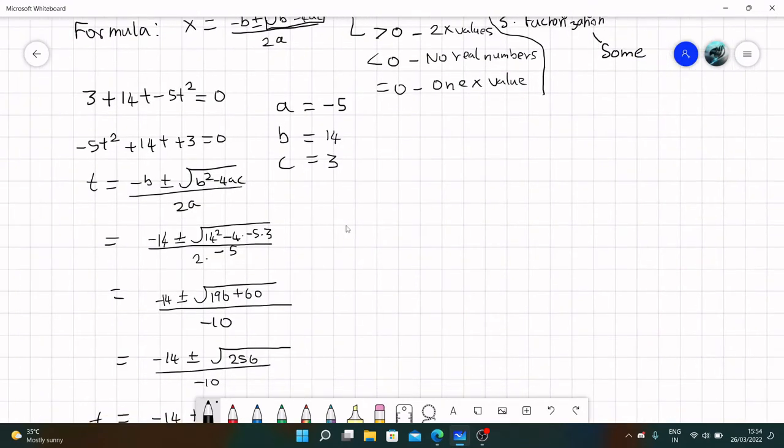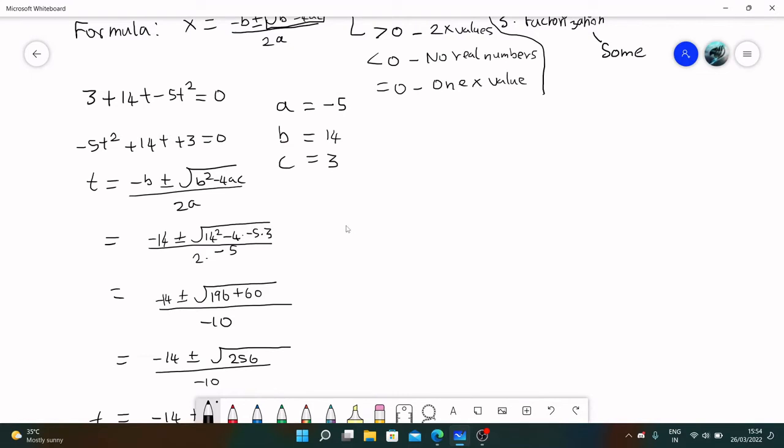Now let's look at another example, that is 6x squared minus 12x equals 3. Again, we need to put this in the standard form. The standard form would be ax squared plus bx plus c equals 0.